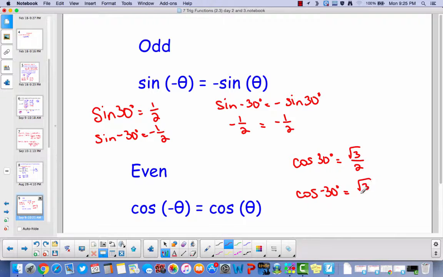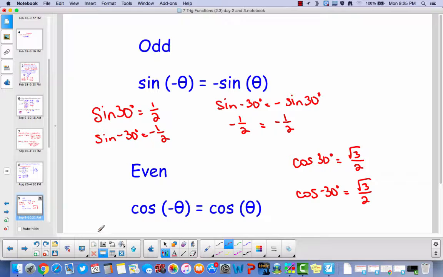That is also the square root of 3 over 2. Look at your unit circle. Is that true for every value of theta that's on our unit circle? Is the sine of negative theta always equal to the opposite of the sine of theta? Is the cosine of theta always equal to the cosine of negative theta?